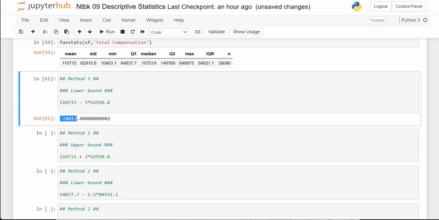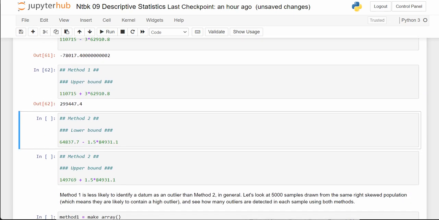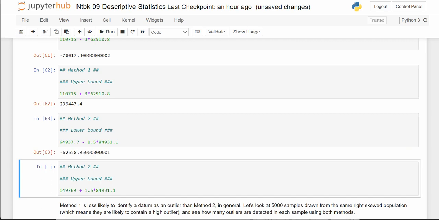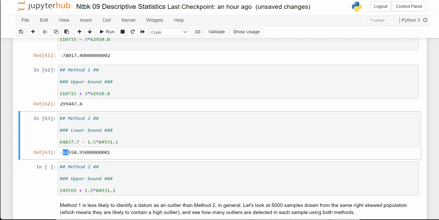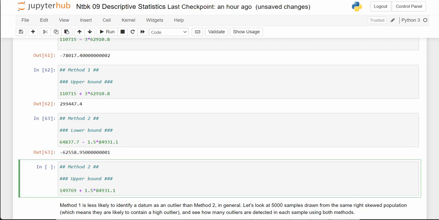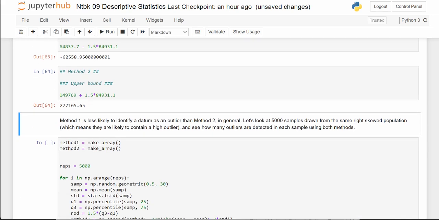And then the upper bound takes the average and adds 3 standard deviations to it. And that's almost $300,000. Method 2 is the one I was trying to describe. That's the 1.5 IQR. So this is Q1 minus 1.5 IQR. And it doesn't give a 78,000 negative number, but it gives a negative number that's close to 63,000. And the upper bound again is Q3 plus 1.5 IQRs. Boom. All right. So method 1 is less likely to identify a data point as an outlier than method 2 in general.